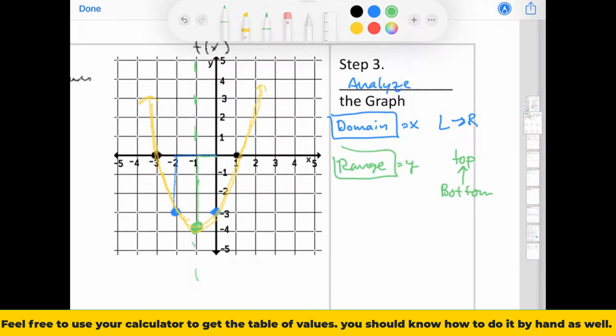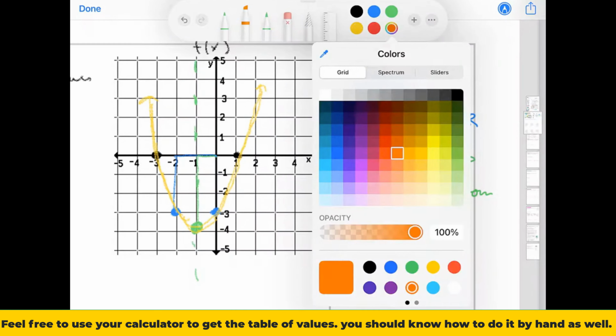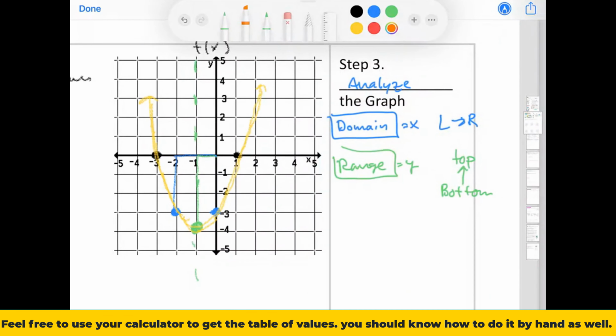Okay? And I'm going to show you guys this with inequalities. Okay, so I'm going to use my highlighter. Let's pick a different color. Let's pick orange. And you're just looking, does the graph have it? Yes or no?